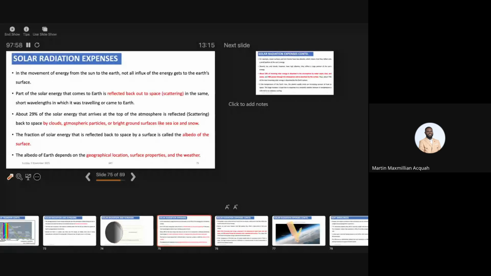How that energy is distributed in space is what we call the distribution of the sun rays. And at the end of the day, the sum of all sun rays that is released onto the Earth's surface and that goes back into space becomes what we call the heat budget.